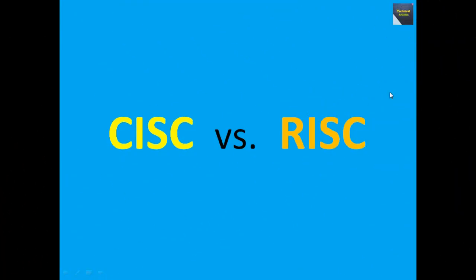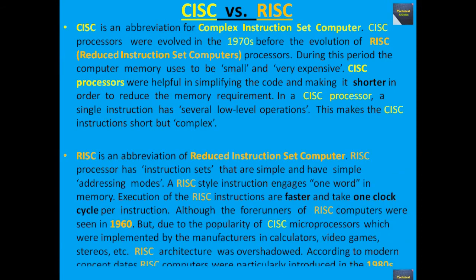Today I will discuss the topic CISC versus RISC. CISC is an abbreviation for Complex Instruction Set Computer. CISC processors evolved in the 1970s before the evolution of RISC processors.